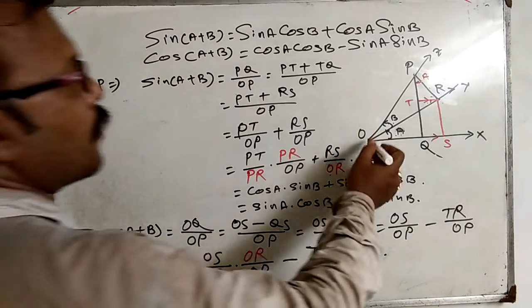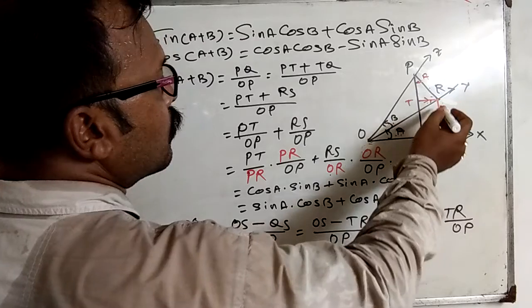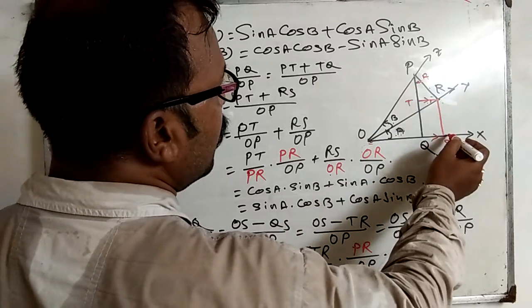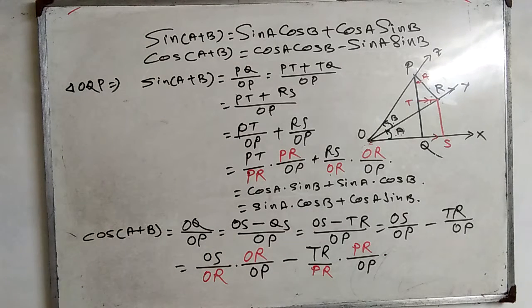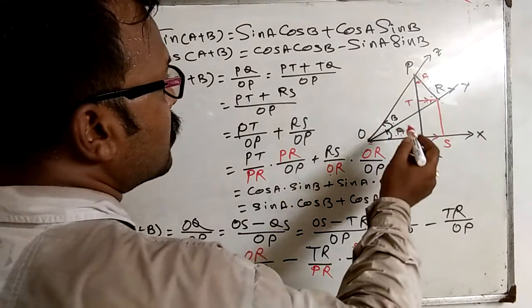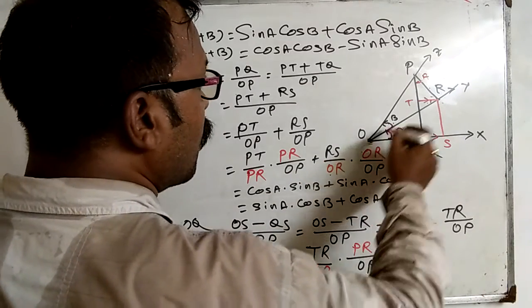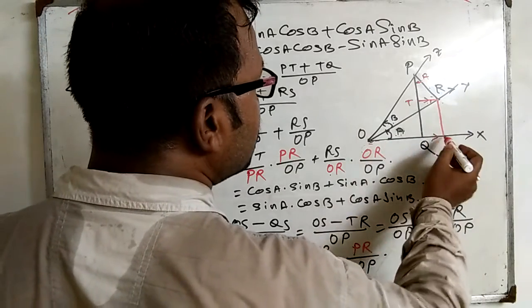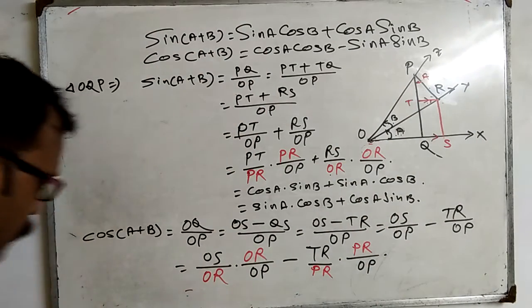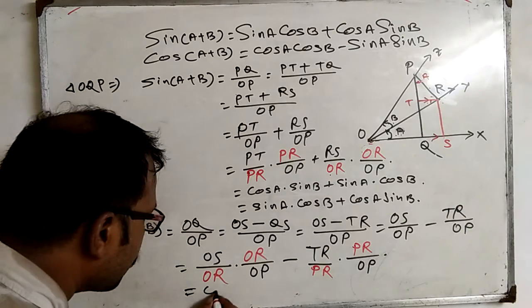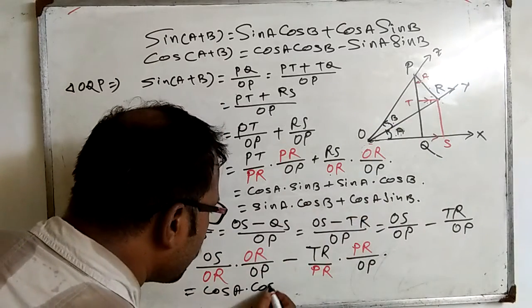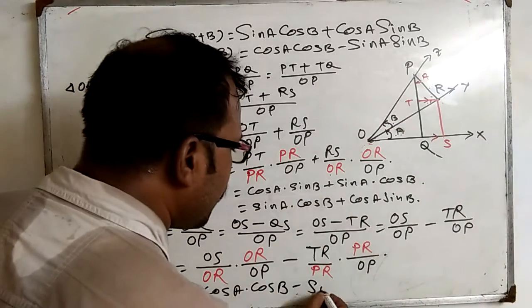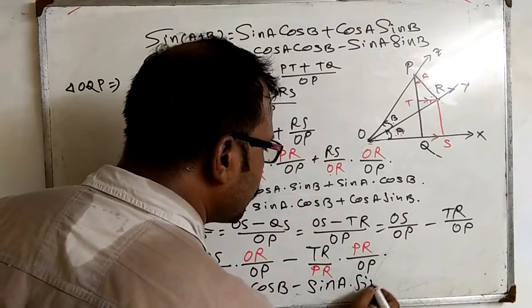Now OS by OR, OS is the base, OR is the hypotenuse, so that is cos A. OR by OP is cos B, minus this is sin A into sin B.